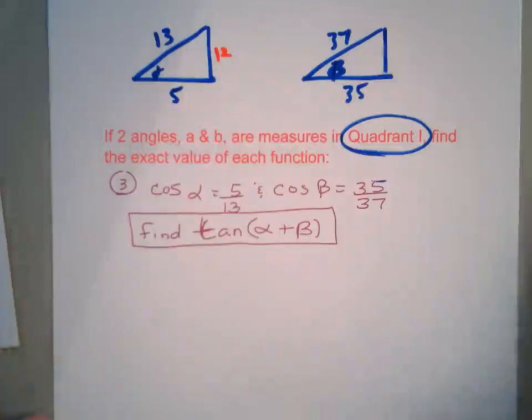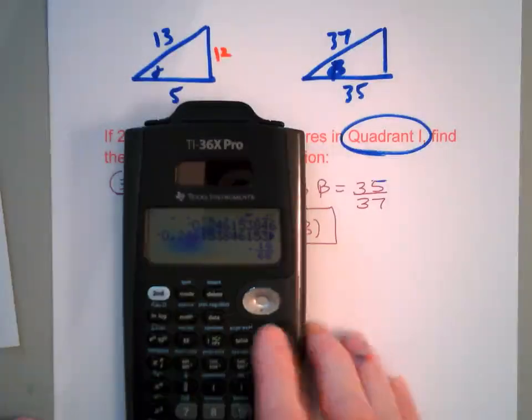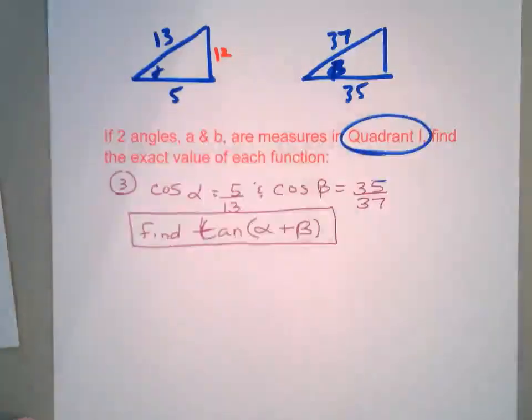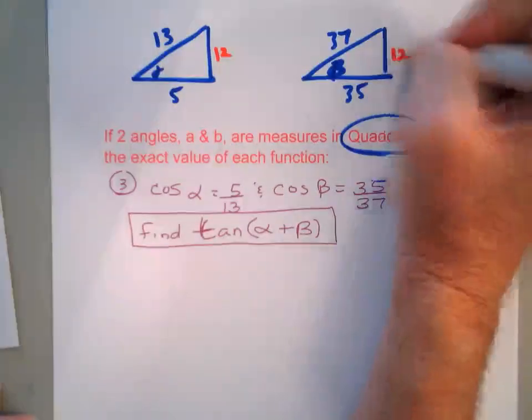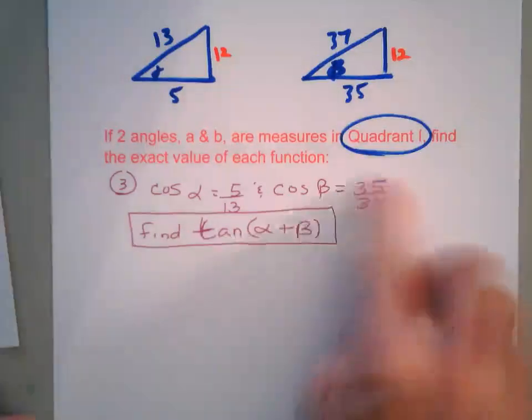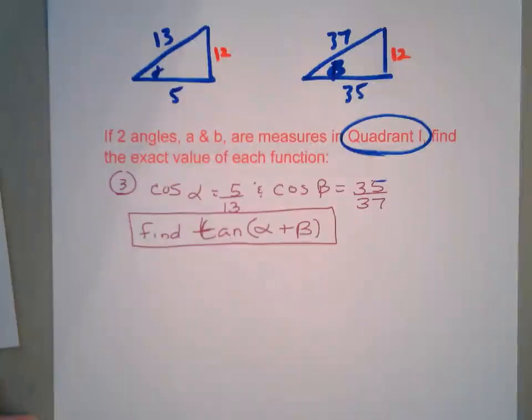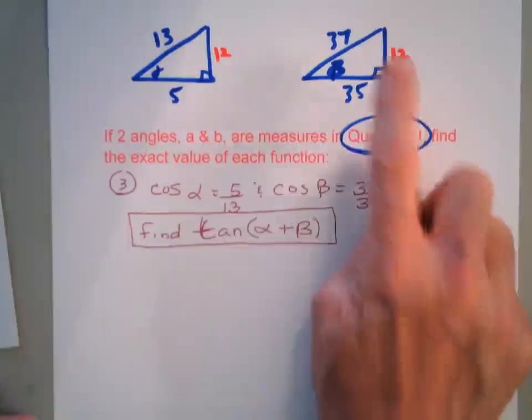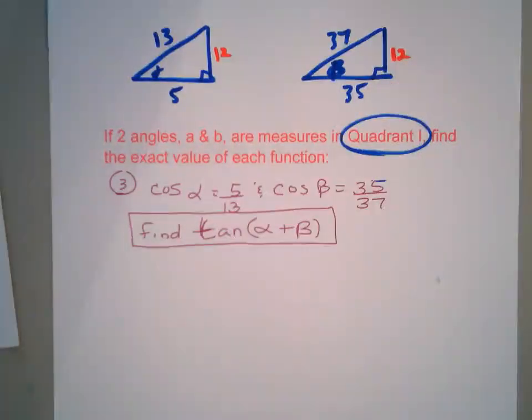Okay, here's a Pythagorean triple that's not quite as common. So 37 squared minus 35 squared is 144. Square root 12. So we get another 12. So do a little Pythagorean theorem, triangle, and figure out what your missing side is. A little bit less common on that Pythagorean triple.